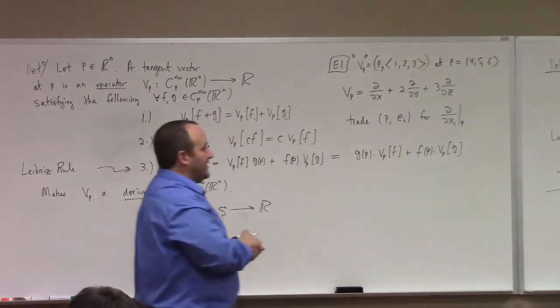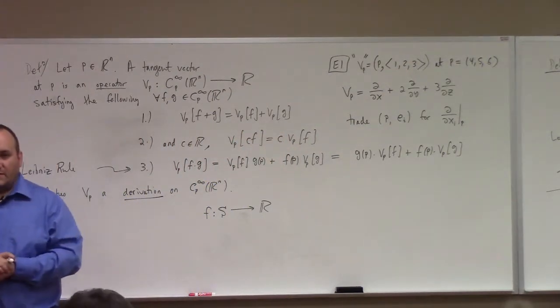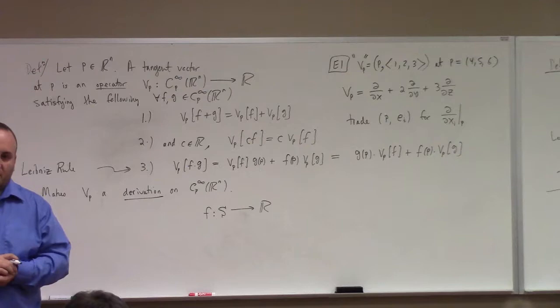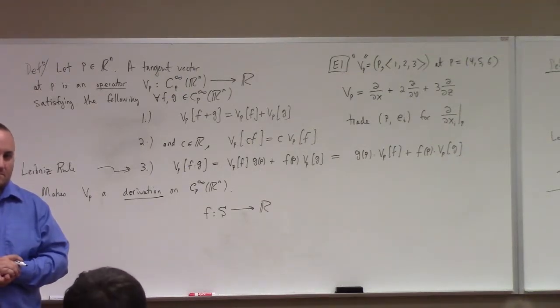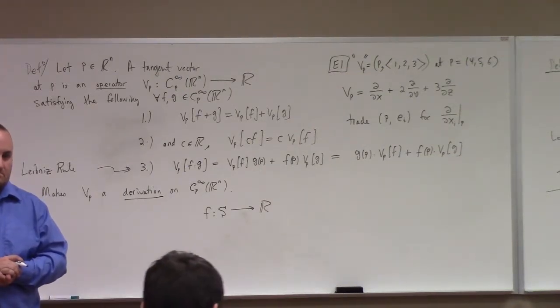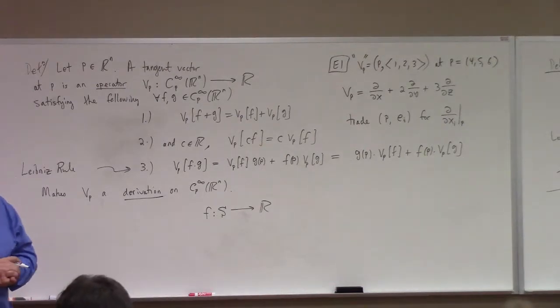This is what we want to derive. That we can write vectors in terms of the partial derivatives as being the basis. That's where we're going.